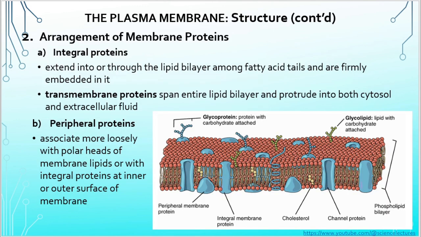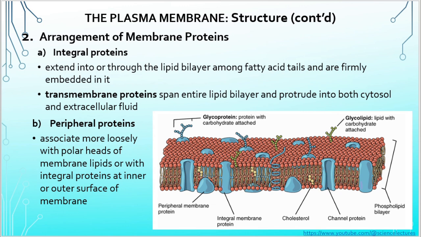Membrane proteins are classified as integral or peripheral according to whether they are firmly embedded in the membrane. Most integral proteins are transmembrane proteins, which means that they span the entire lipid bilayer and protrude into both the cytosol and extracellular fluid, as you can see in the picture.